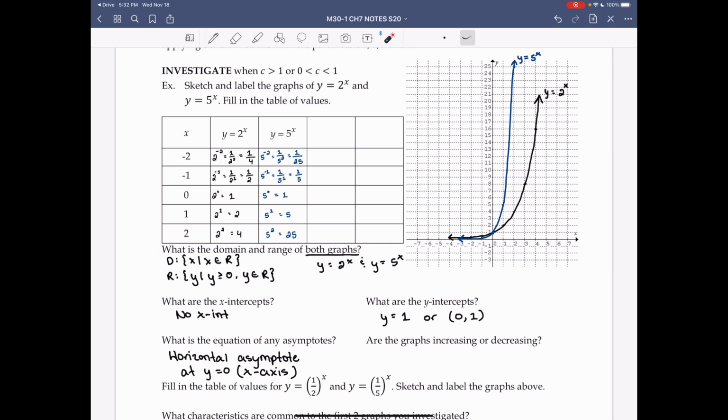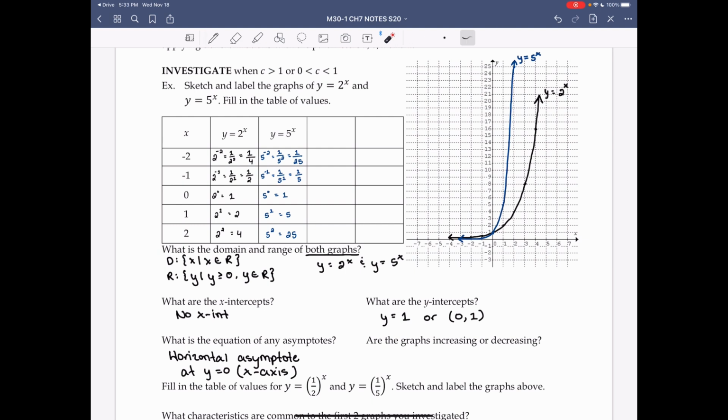If we did x equals -4, we'd get 1 over 2 to the power of 4, which is 1 over 16, which is still a positive, but it's going to be even smaller than 1 over 4. So we're approaching 0 as we get smaller and smaller negative numbers for x, but we're never going to actually equal 0 or a negative y value. Therefore, we get a horizontal asymptote at y equals 0.